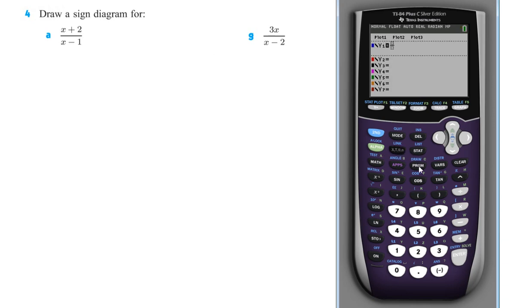So I'm going to do x plus 2 on the top, and on the bottom x minus 1, and then we're going to graph that thing and see what it looks like. Here it comes, going down there, and then it looks like it's going to come back up. Yep, there it is. The sign diagram looks like that thing's cutting through at about -2, and it doesn't hit anything else over there.